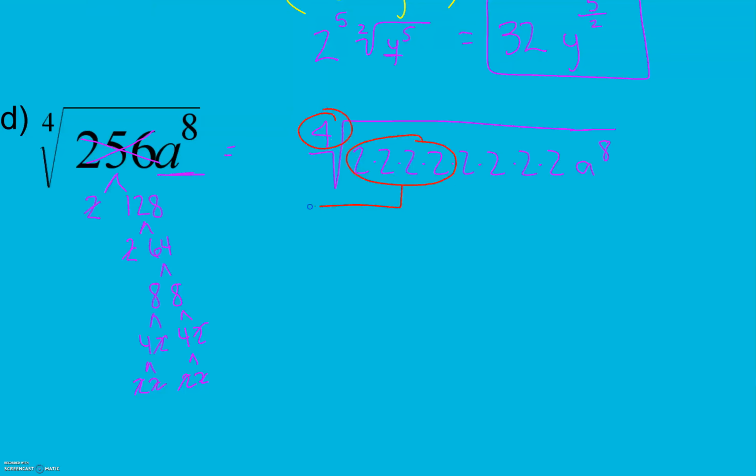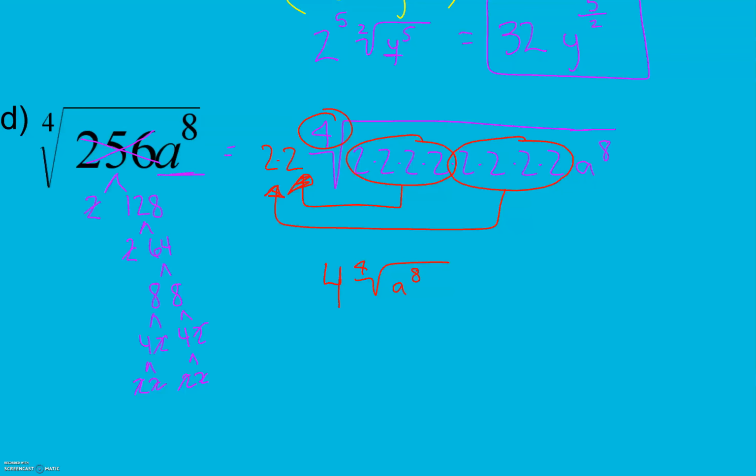I have a group of 2's that come out as a 2. I have another group of 4 2's that I can bring out as a 2. And since all we're doing inside is multiplying, that's what we're going to do with our groups of 2's that we bring out as well. Here I have 4 on the outside times the fourth root of a to the 8th power.